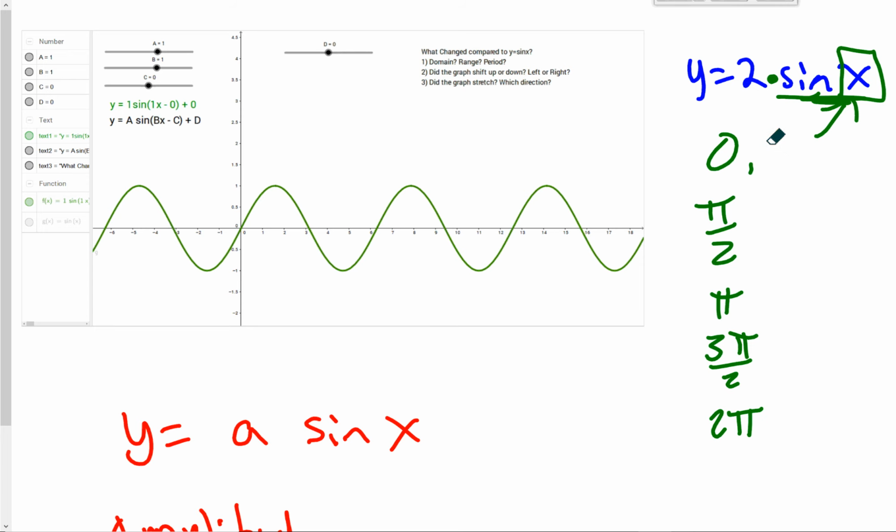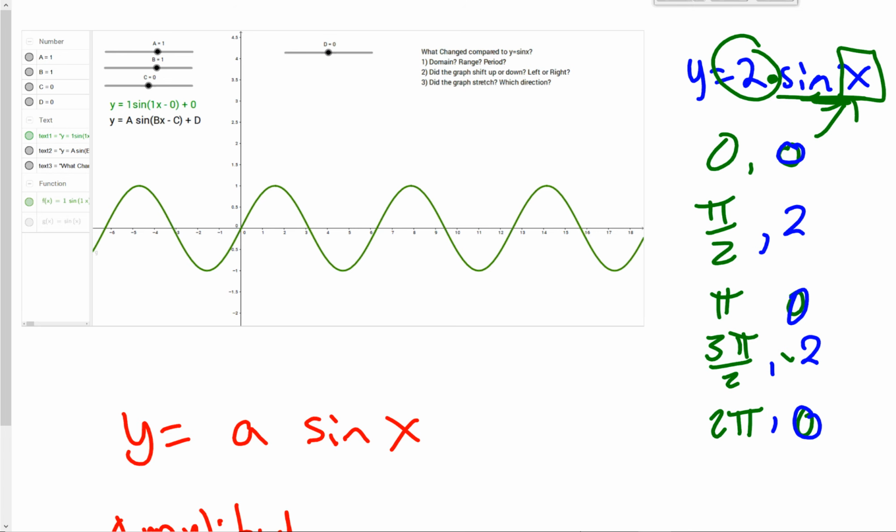Originally, my y values were 0, 1, 0, negative 1, and 0. But now I'm multiplying those by 2. This still stays 0. 1 times 2 is 2. This is still 0. That would be a negative 2. And that would still be 0. So the only thing that changes is my y-axis. That's why I said the y values are important, because that's the thing that changes quite a bit.